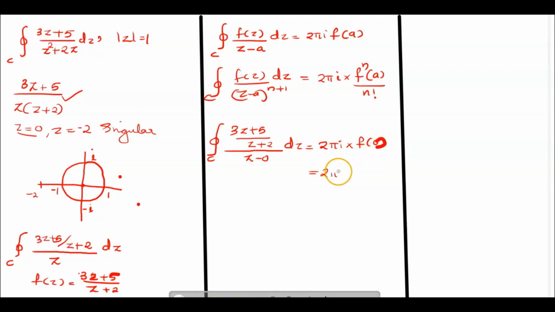That is 2 pi i into f of 0. This is f of z. Substitute z equal to 0. What we get? 5 by 2. The 2 cancels. We get the answer 5 pi i. 5 pi i is the answer if it is 3z plus 5.